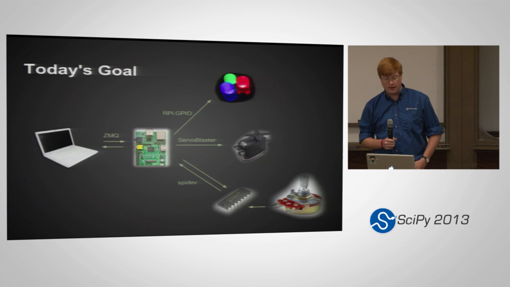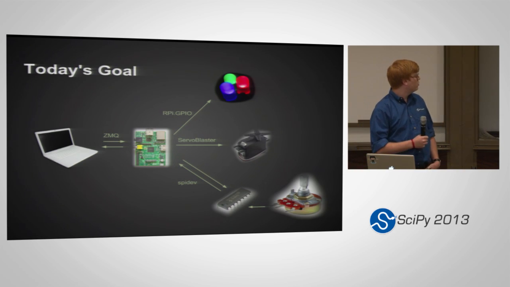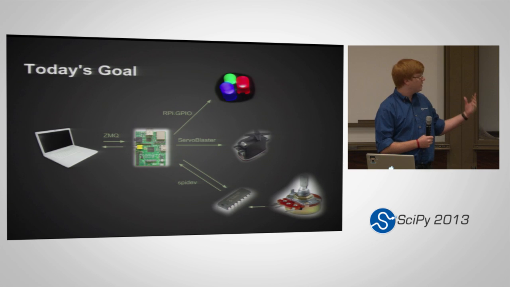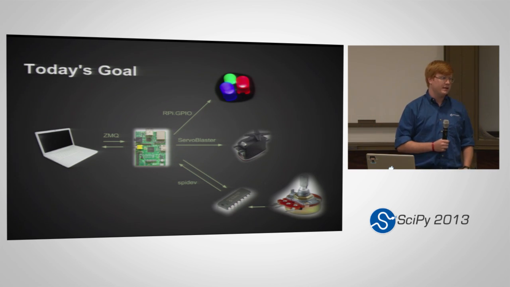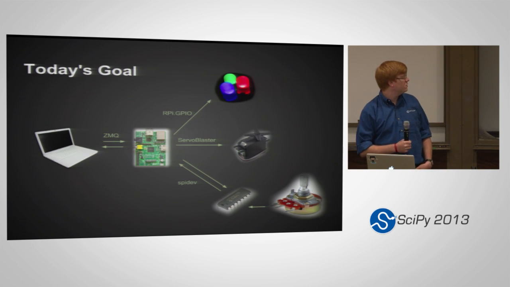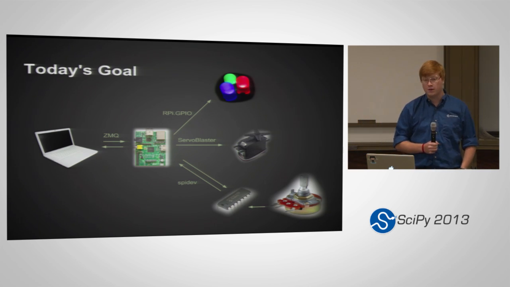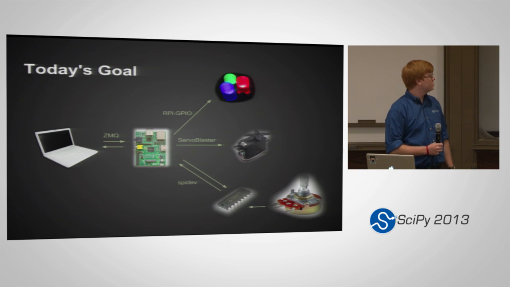So today's goal, I'm going to demonstrate how to interact with the Raspberry Pi, how to communicate with your Raspberry Pi from your laptop using a library called ZMQ, which is a socket library, and then how to use the Raspberry Pi to control an LED to blink it, also to control a servo.